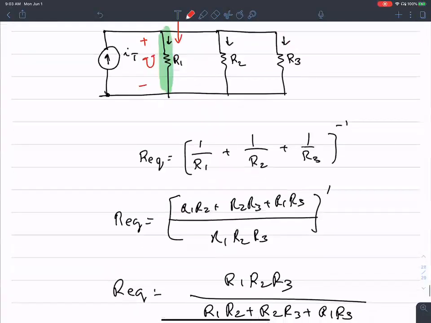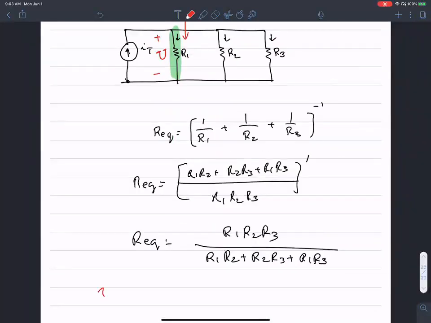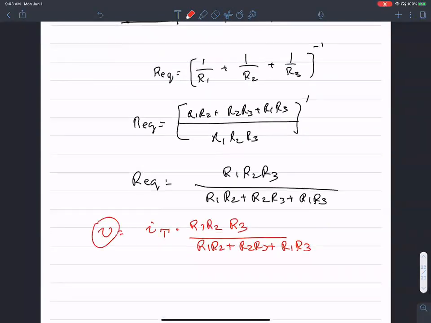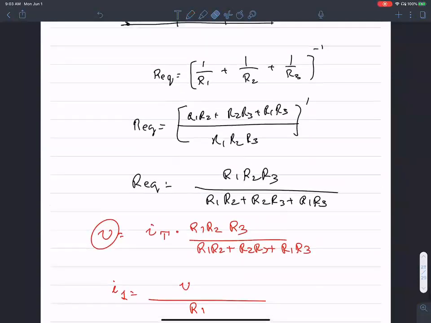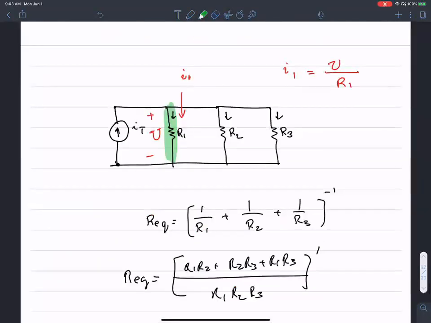R equivalent is that expression, so the total voltage V is I total times R equivalent, which is R1 R2 R3 over R1 R2 plus R2 R3 plus R1 R3. That is the total V. Now I1 is V over R1.